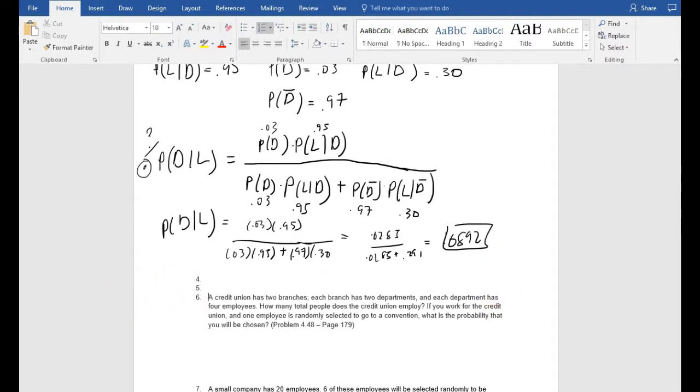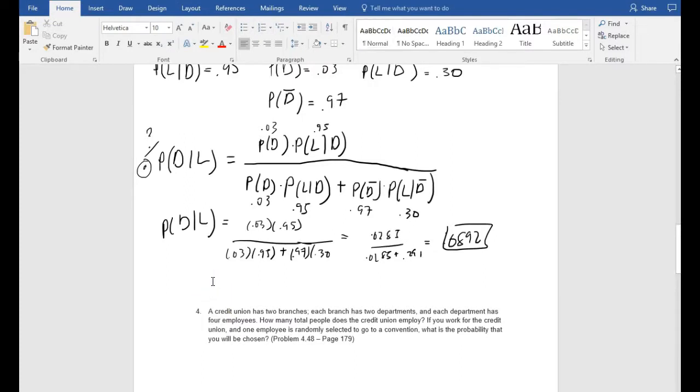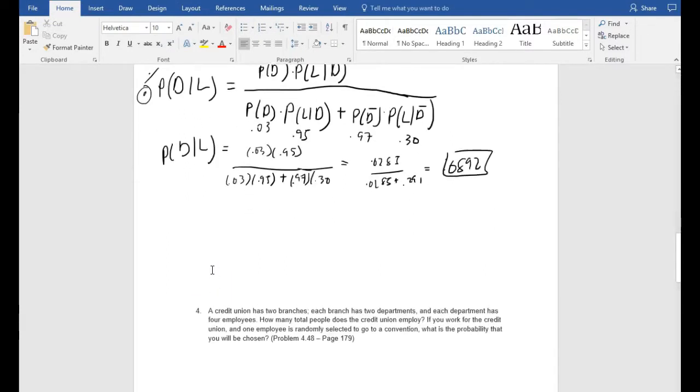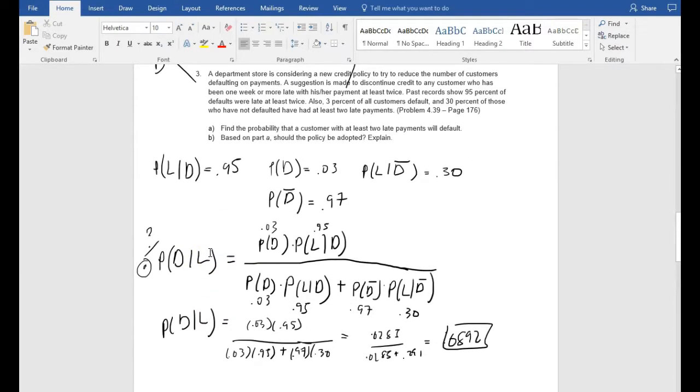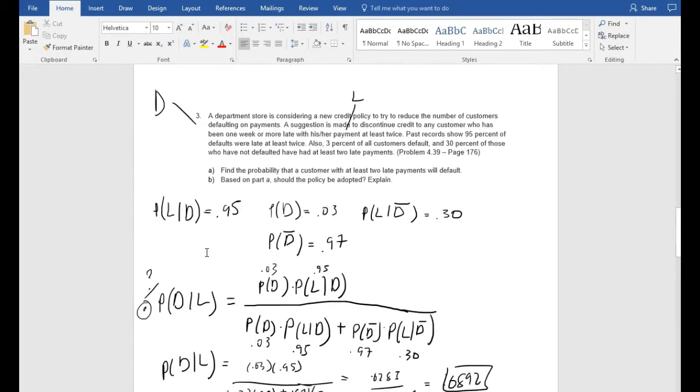But now I'm going to show you how to do this with a contingency table, which I think is much easier.